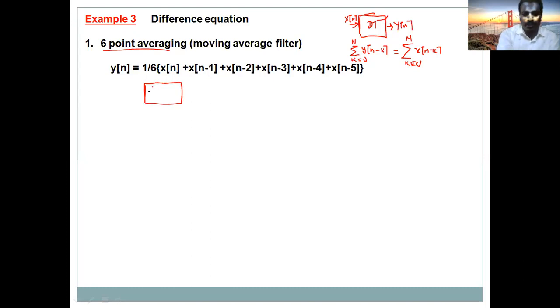I will explain why we call it 6-point averaging. As we know, it's a system which takes input signal x of n. Let's say this is our input discrete time signal. It's processed here, and we have output sequence y of n.